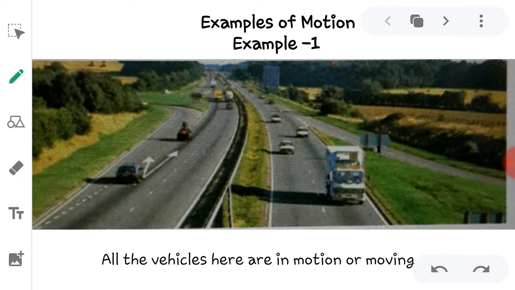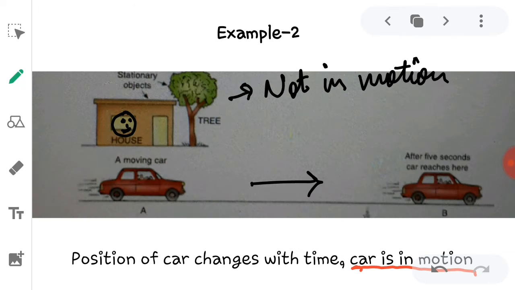You can see everywhere you go, on the roads, cars are moving speedily, and that means they are in motion. Now a bit more elaborated, the second example: a body is in motion when its position continuously changes with respect to a stationary object taken as a reference point.